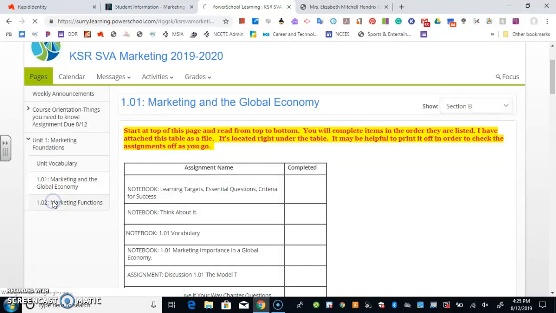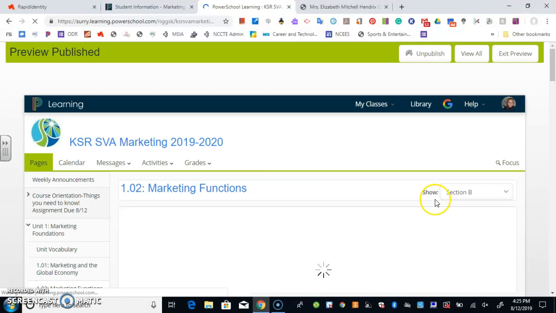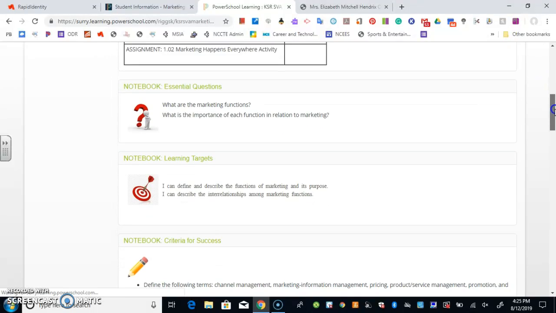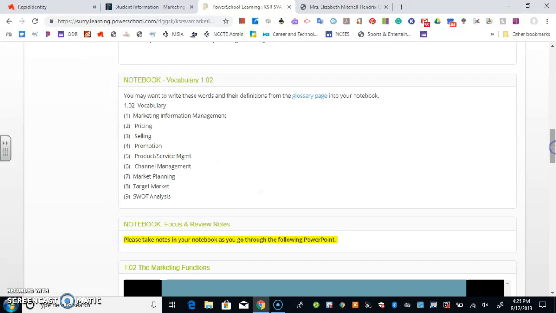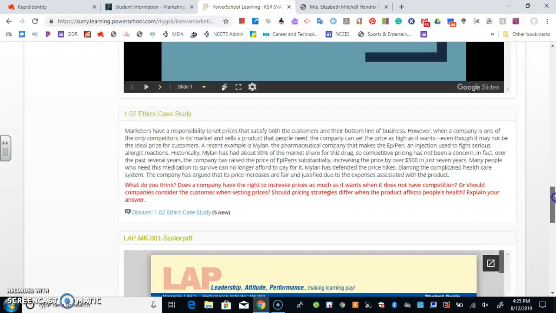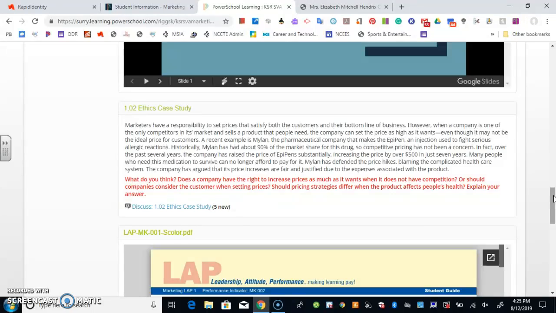In 1.02, we're talking about the 7 functions of marketing, and all 7 are important. And you'll notice that there are more assignments with this one. But you do have your vocabulary. Here are your notes. You have an ethics case study.